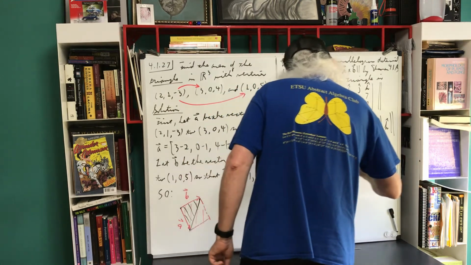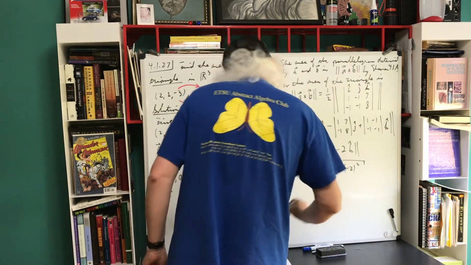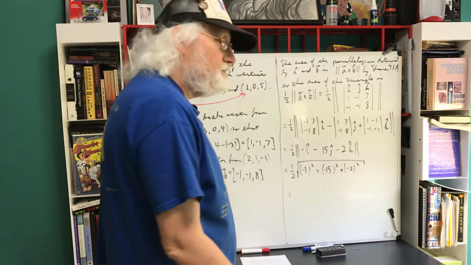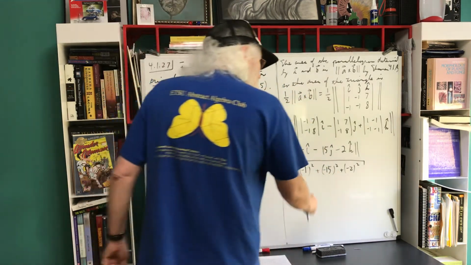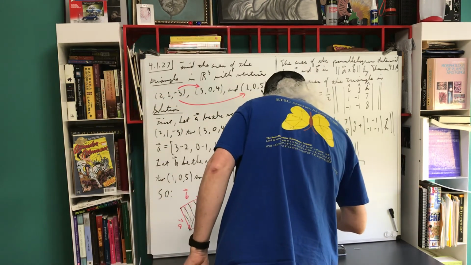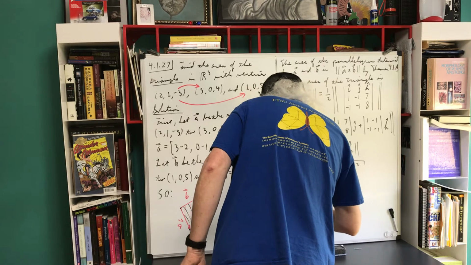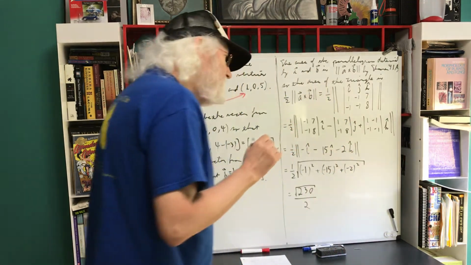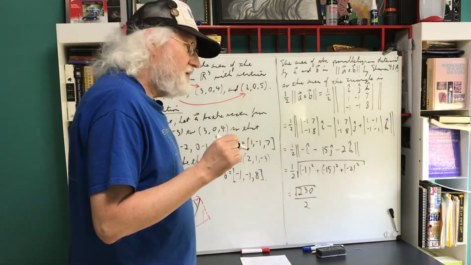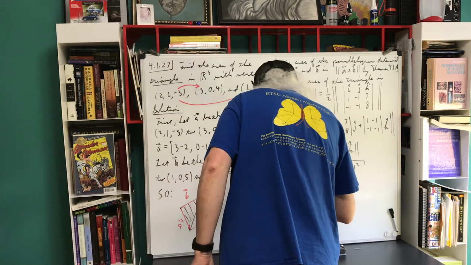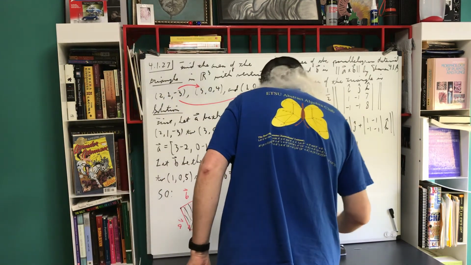Take the square root of that because we're computing a norm, and that gives us 15 squared, 225, plus 1 plus 4, that's 230. So the square root of 230, over 2. Since 230 is 23 times 10, I don't think I can simplify it any, so we're stuck with that version of the answer. And so there's the area.